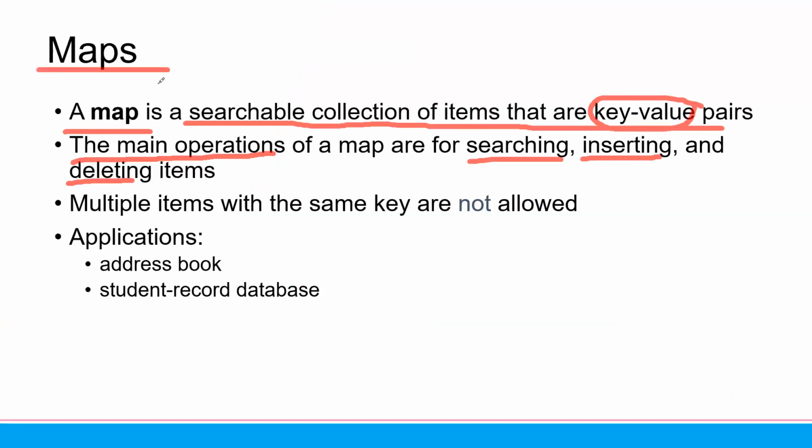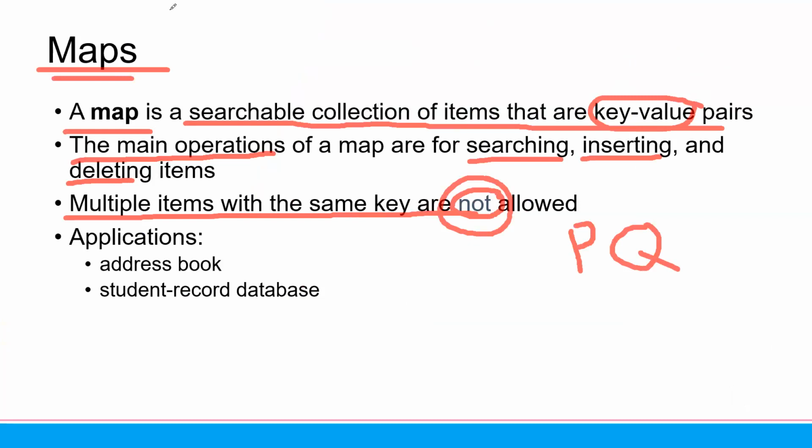In the map, multiple items with the same key are not allowed. So in the priority queue, multiple items with the same key are still allowed. But in maps or dictionaries, the same key is not allowed.